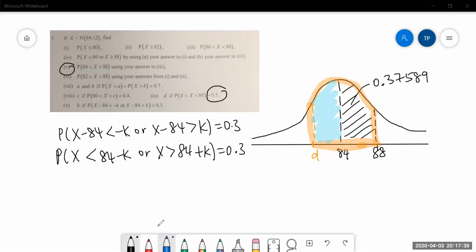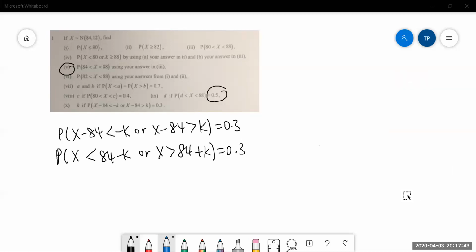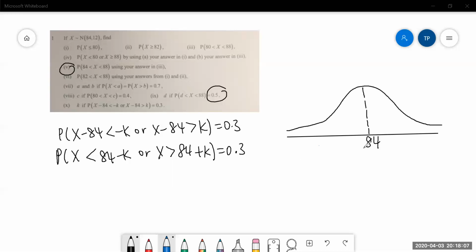So if you were to draw the graph, let's draw the graph again. We have this part, 84.